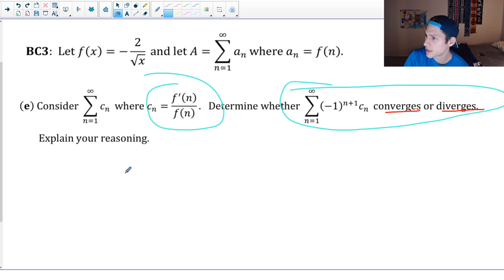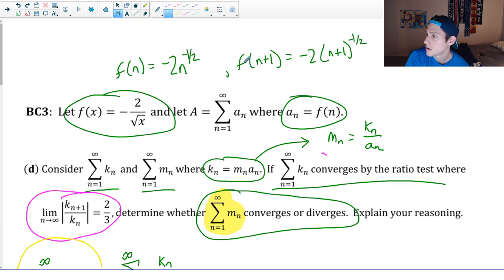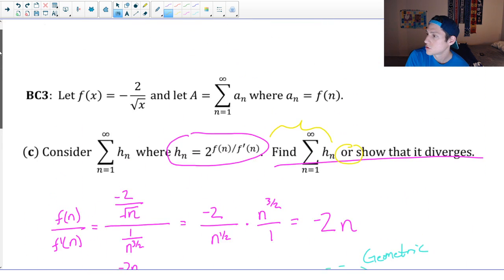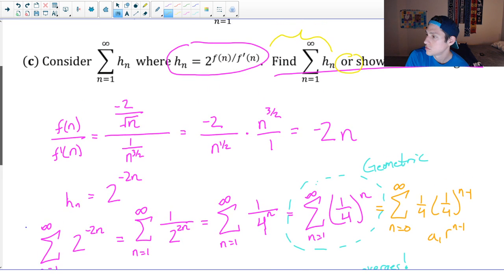All right, so first let's figure out f prime of n over f of n. So Cn is f prime of n over f of n. Now, we've done this a few times now. Oh, yeah. Look, here's f prime. Here's f of n. Right? And potentially we've actually already even done this. We know that f of n over f prime of n is negative 2n.